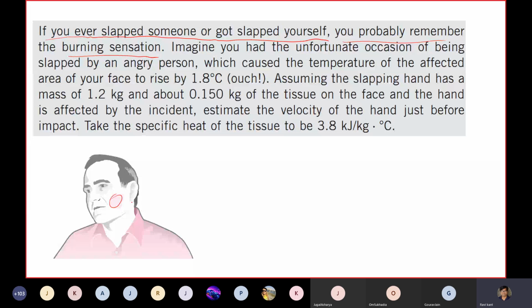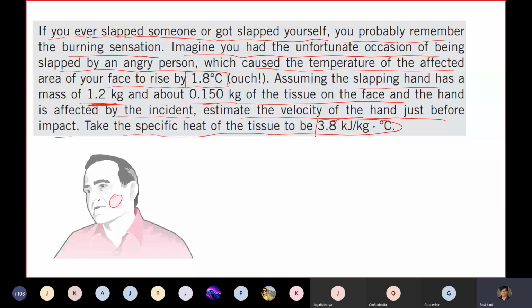Imagine you had the unfortunate occasion of being slapped by an angry person, which caused the temperature of the affected area of your face to rise 1.8 degrees C. Assuming about 1.2 kg of tissue on the face and hand is affected by the incident, estimate the velocity of the hand just before the impact. Take the specific heat of the tissue as given.